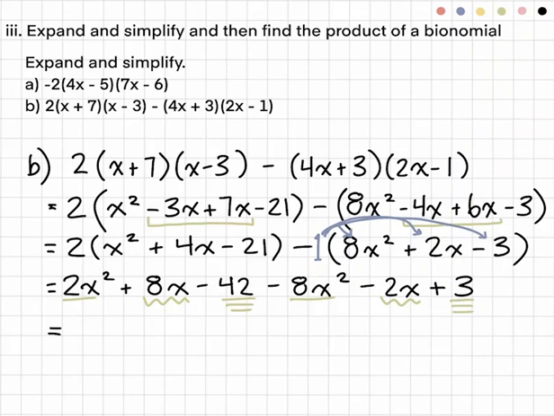So 2x squared minus 8x squared is going to give me negative 6x squared. And then I have a positive 8x minus 2x. That's going to give me positive 6x. And then I have negative 42 plus 3 is going to give me negative 39. And that's it.